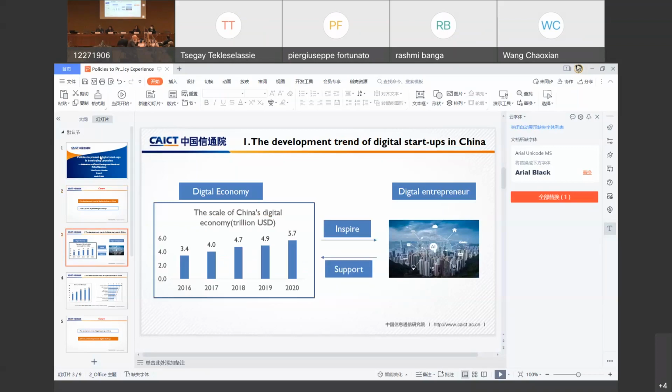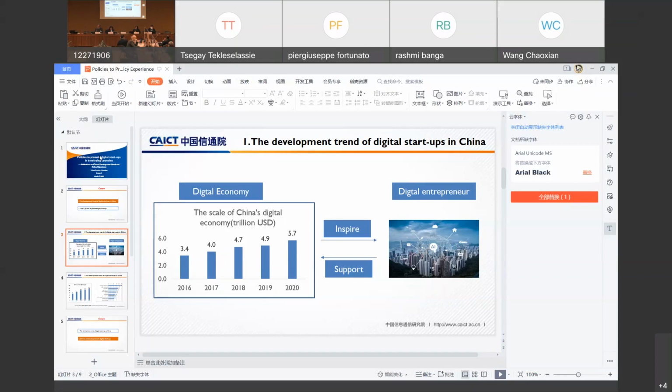In recent years, China's digital economy has been growing rapidly. According to our research, the scale of China's digital economy reached 5.4 trillion USD in 2020, accounting for 39% of GDP, with an average compound annual growth rate of 14.8% from 2016 to 2020.